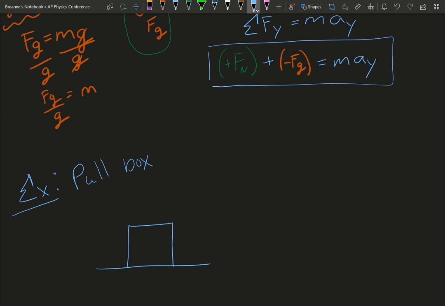You're just going to pull a box. But in this case, you're pulling it at an angle. And let's say your force applied is 40 newtons. You're pulling it at an angle. We'll say the angle is 30.